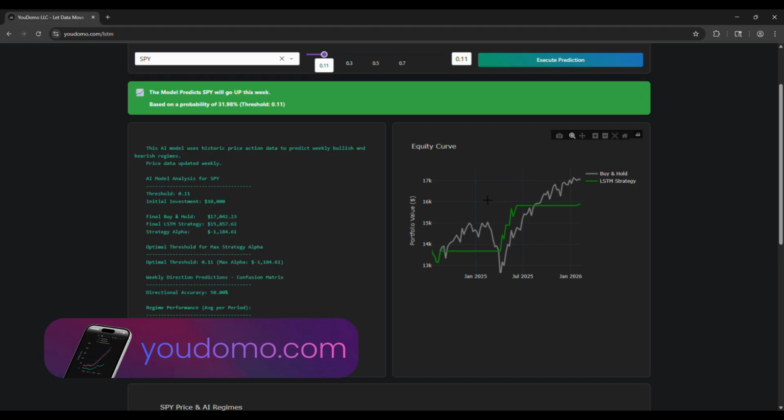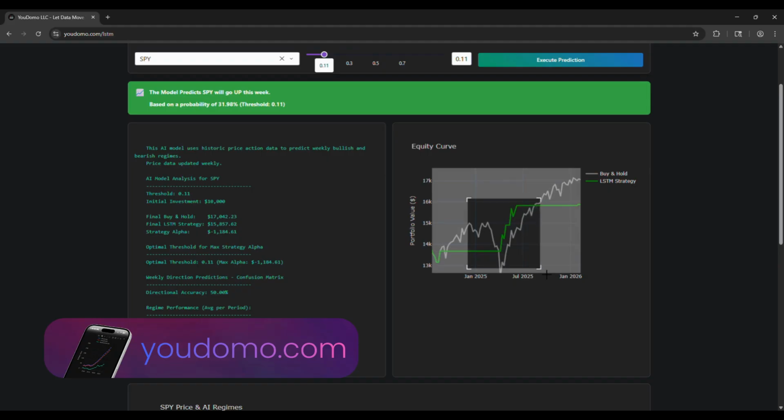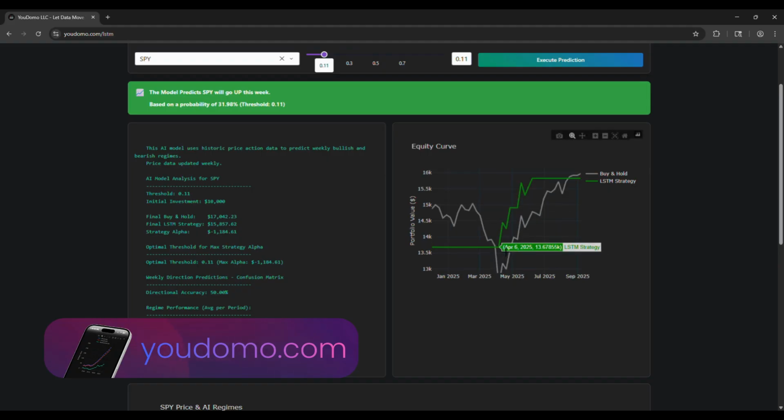Look at April back in 2025, Liberation Day and tariffs. The AI model in this backtest was actually bullish when the market was overall negative sentiment. So we can see these bullish trades that we could take advantage of given the AI model's predictions.